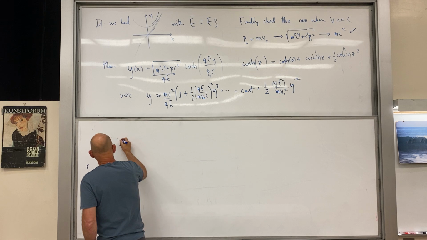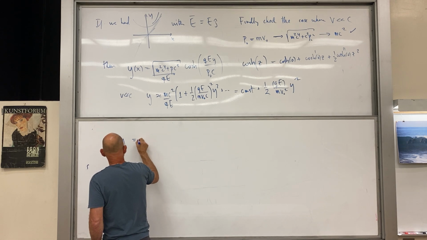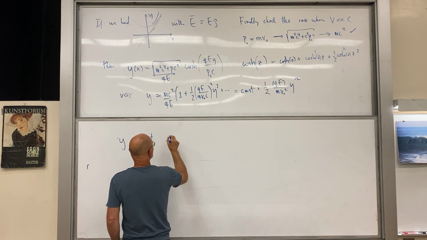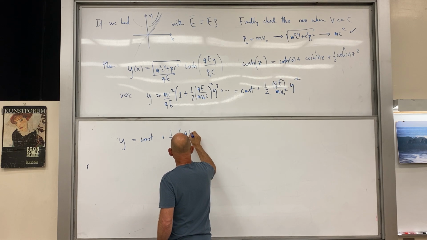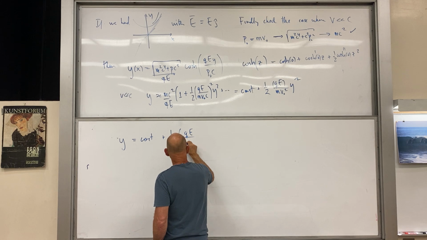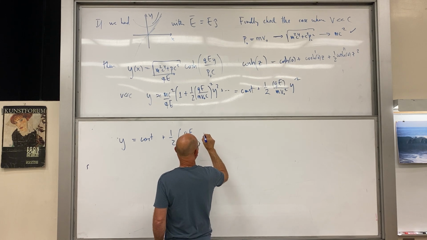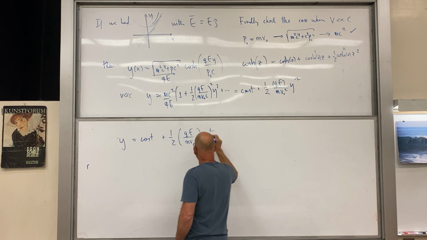So what we find is y is a constant plus 1/2 q E over m v0 squared y squared.